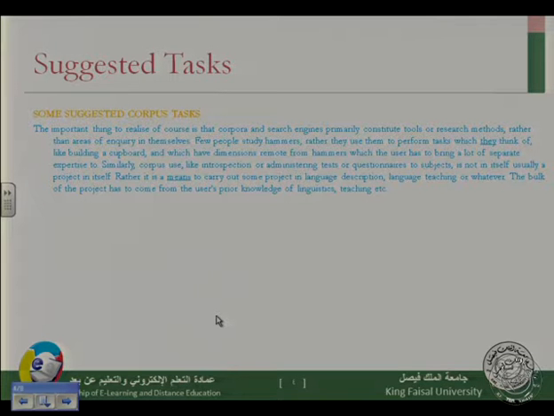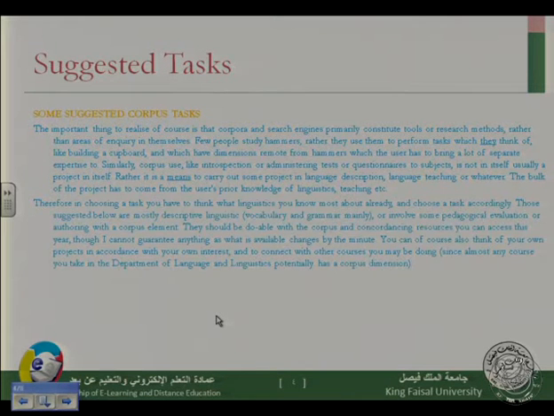You would find yourself not benefiting from the corpus. So it needs prior knowledge of language and linguistics. You need a solid background in linguistics in order to be able to use a corpus. So it's a means to carry out some project, not an end by itself.